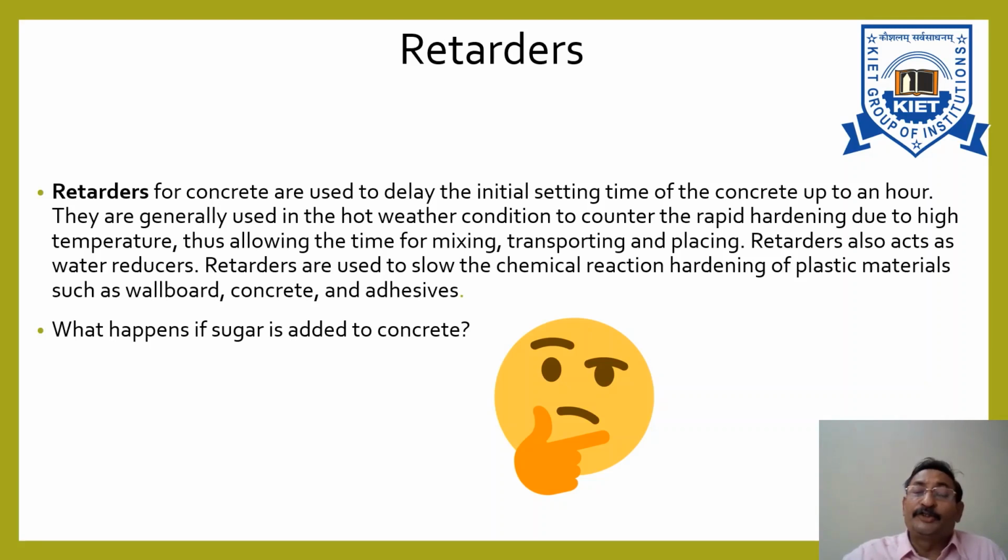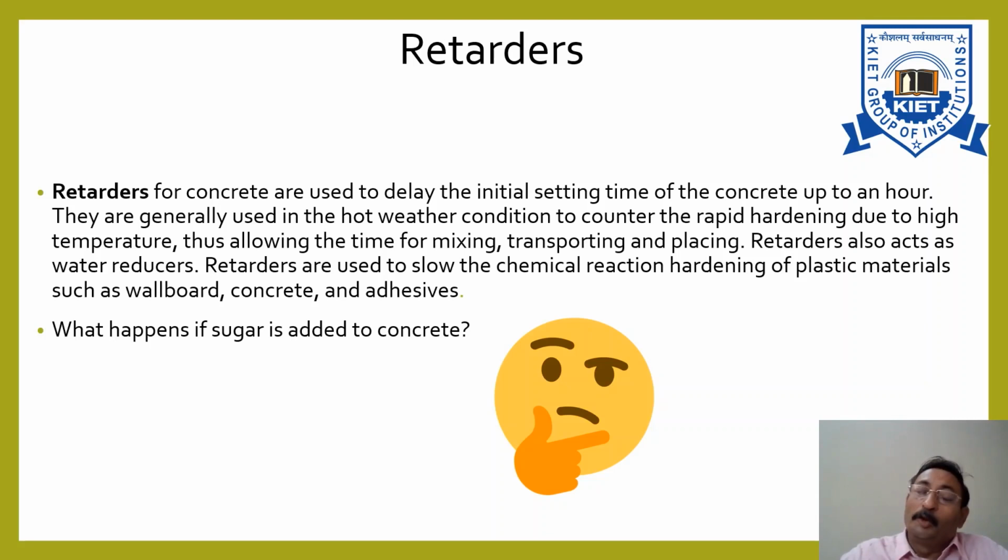Actually, they are used to overcome the accelerating effect of high temperature on the setting property of concrete in hot weather conditions. They are used in casting and consolidating a large number of pours without forming a cold joint.